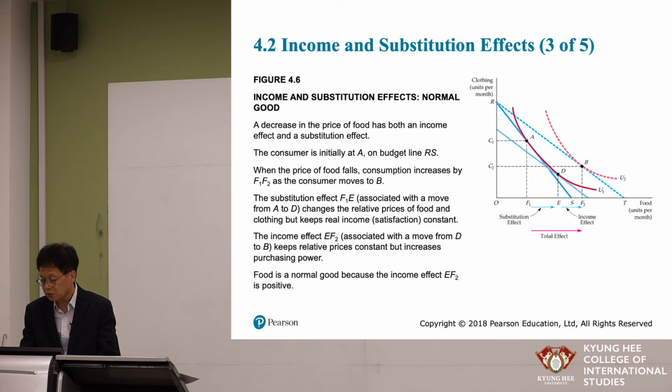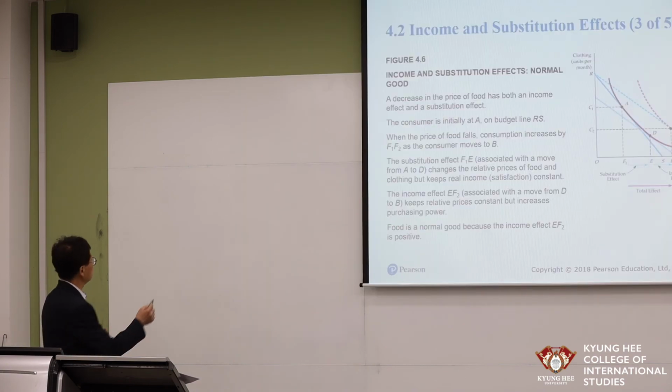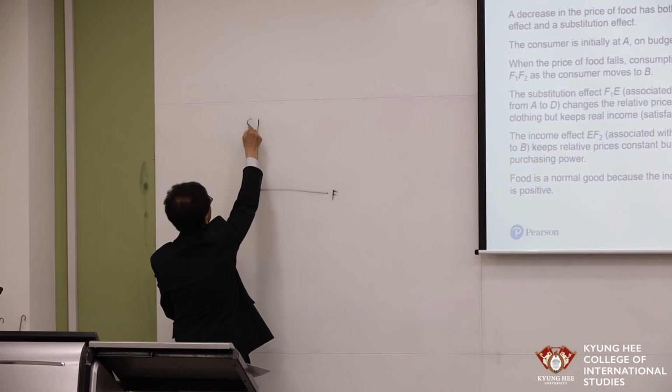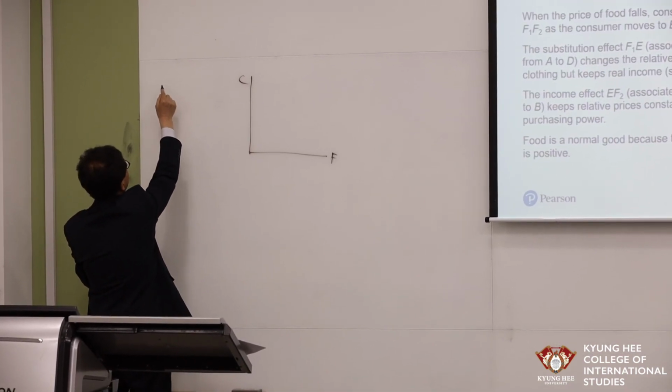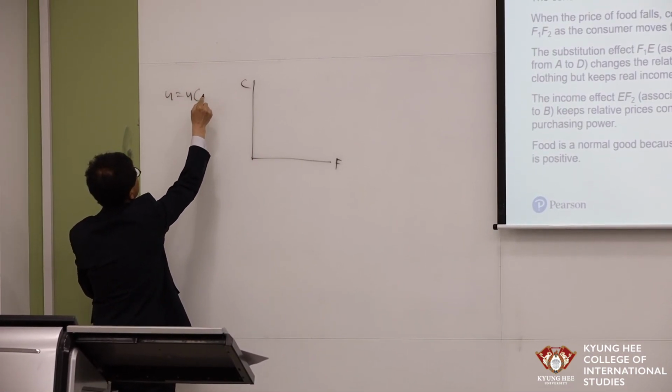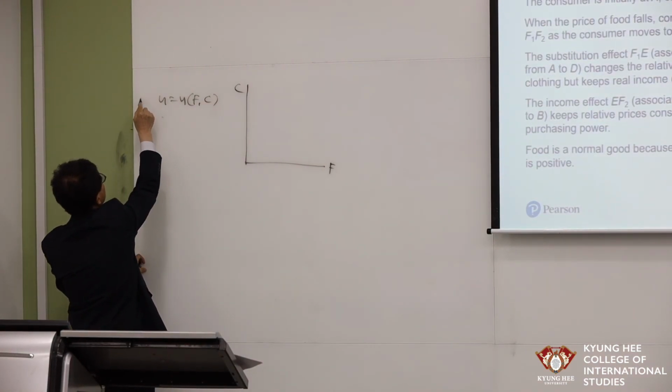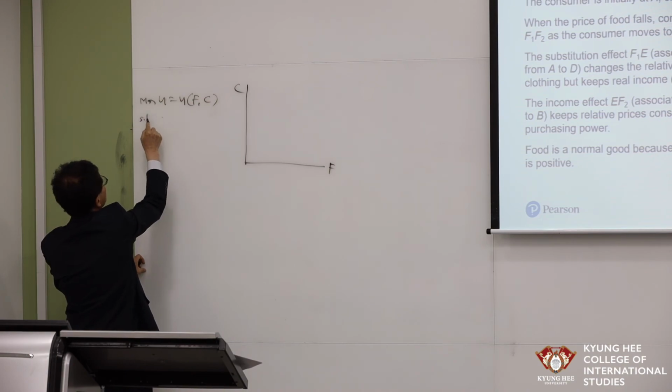This consists of the substitution effect F1E plus the income effect E to F2. Okay? I'd like to explain this again. Right? Food, clothing. Anyway, consumers solve the utility maximization problem, food and clothing, subject to the budget.